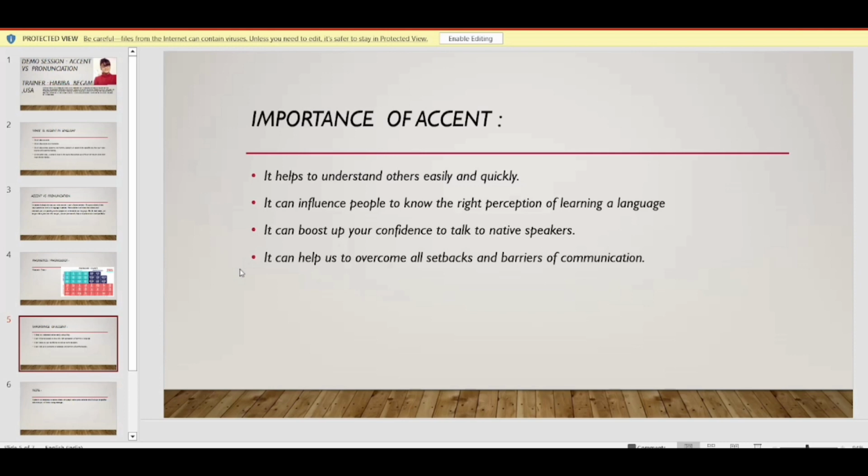For example, you want to talk to people from China or Nigeria, Australia, New Zealand, Netherlands, and many countries, United Kingdom, England. If you don't have proper accent, you won't be able to understand their English, and also you will sometimes send wrong messages.